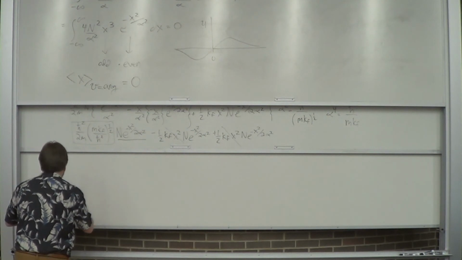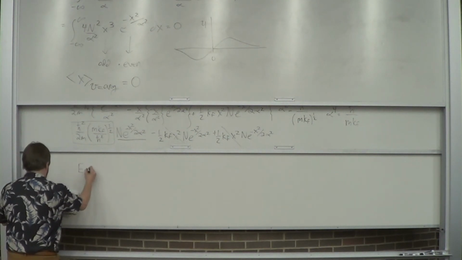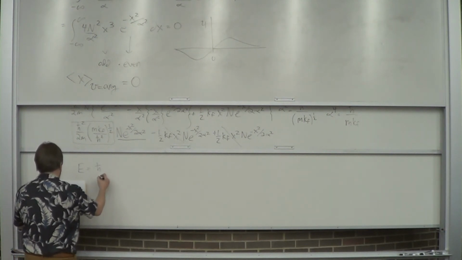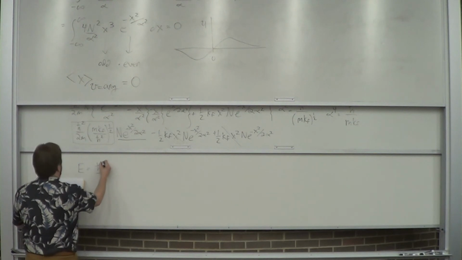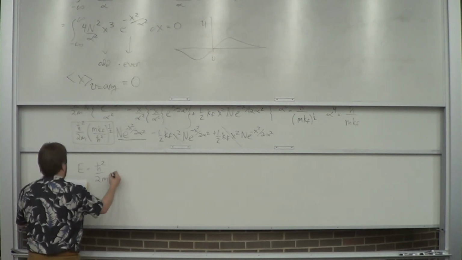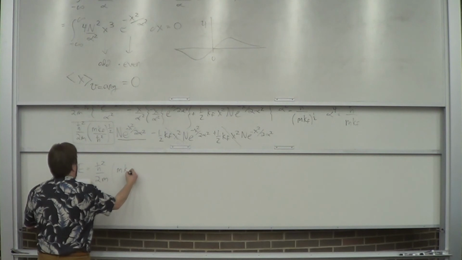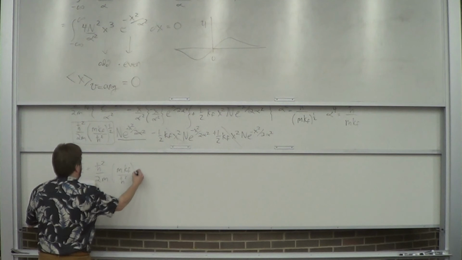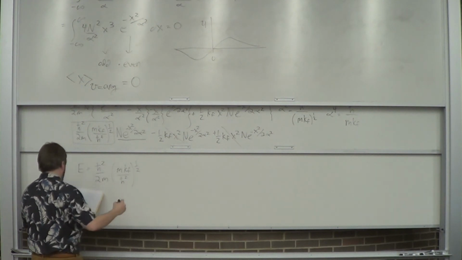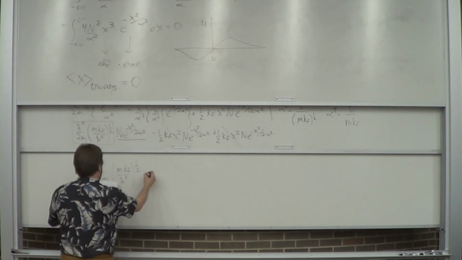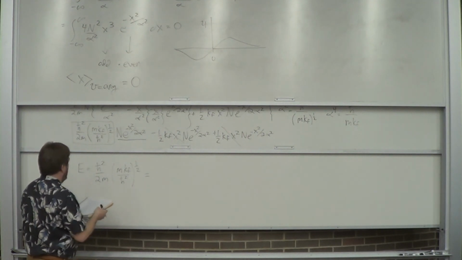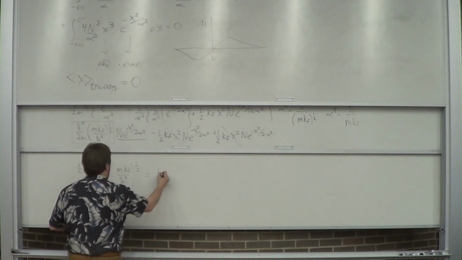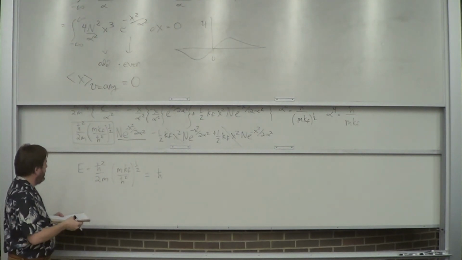Okay, we are left with energy is h bar, h bar squared over 2m, m kf over h bar squared to the half, which ends up being, let's see here, I've got h bar, those cancel.